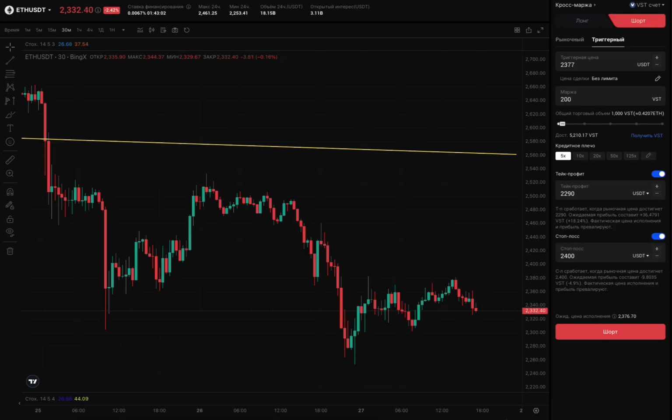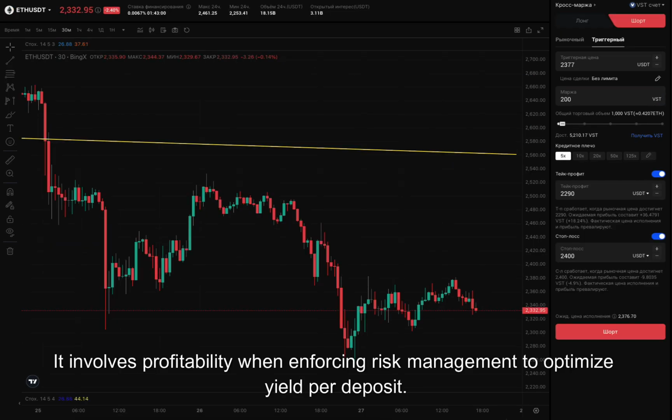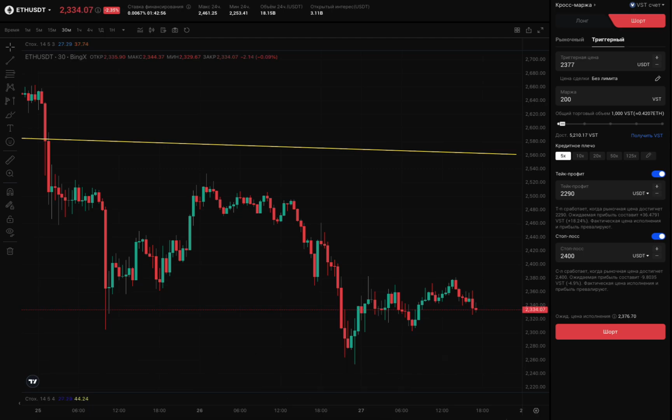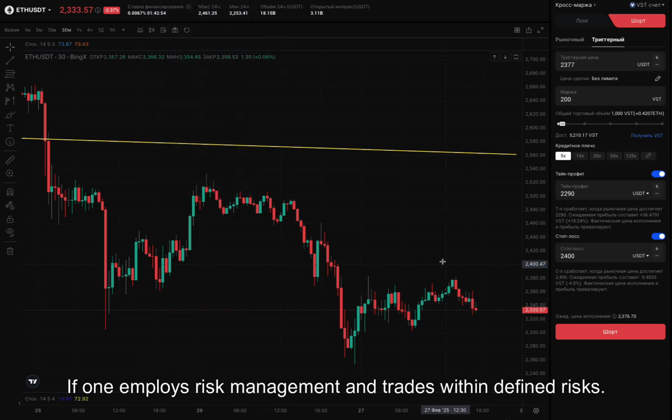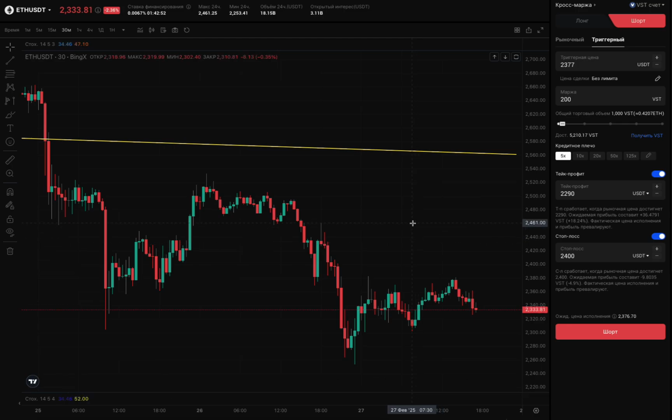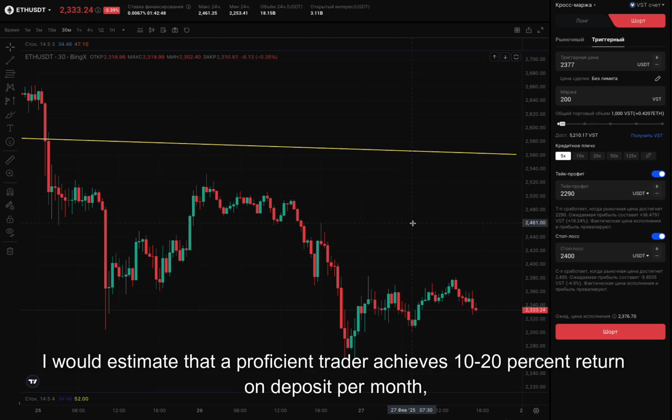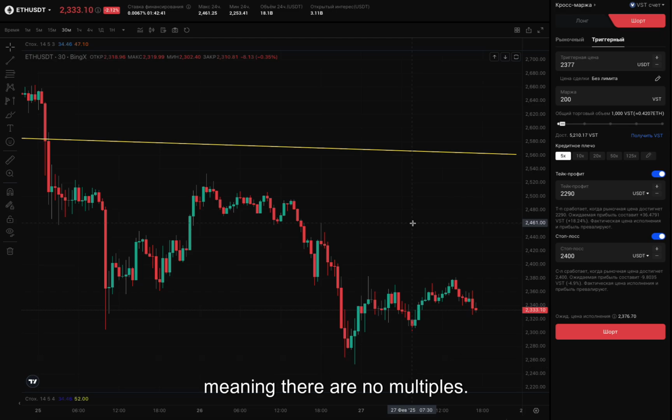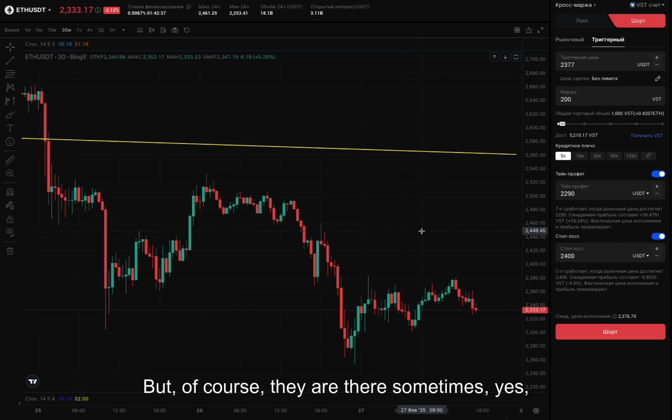What next? It involves profitability when enforcing risk management to optimize yield per deposit, if one employs risk management and trades within defined risks. In general, I would estimate that a proficient trader achieves 10 to 20% return on deposit per month, meaning there are no multiples. But of course, they are there sometimes.